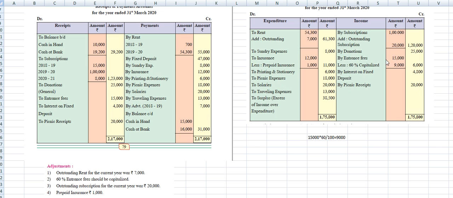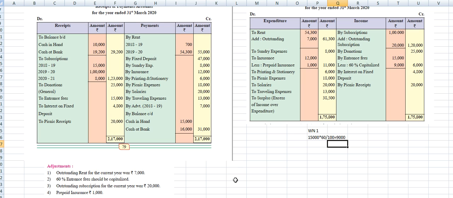This is working note 1, and you have to mention this working note in the problem. 15,000 into 60 divided by 100 is 9,000 rupees. 15,000 minus 9,000 is 6,000 rupees as entrance fees.